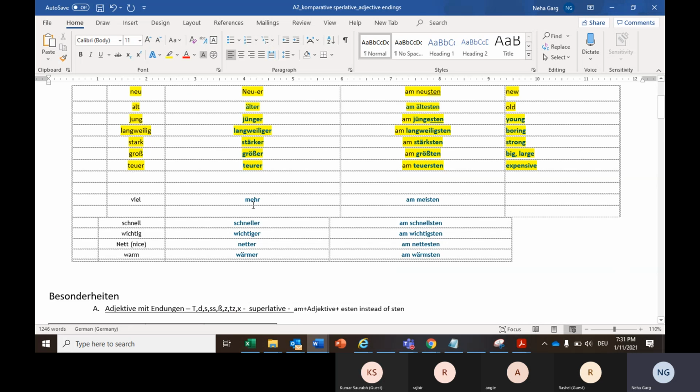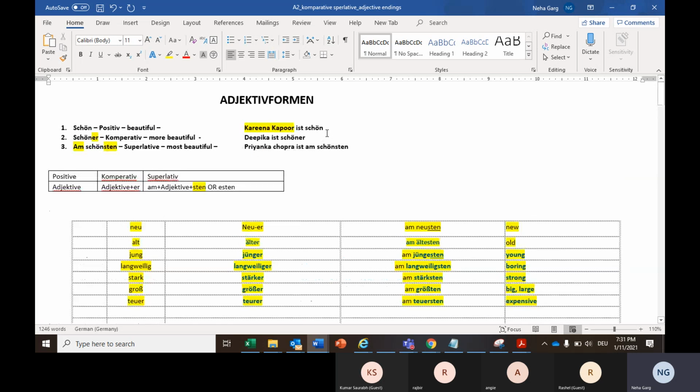Like I was saying, Kareena Kapoor is beautiful, and then in the second sentence I said Deepika is more beautiful. But if I have to compare in one sentence, I would write Deepika ist schöner als Kareena. So I will be adding als in between, like beautiful, more beautiful than. So als here is being used in the form of than.